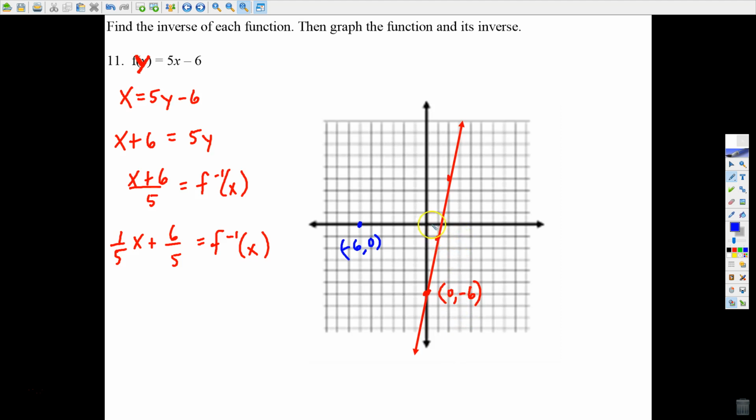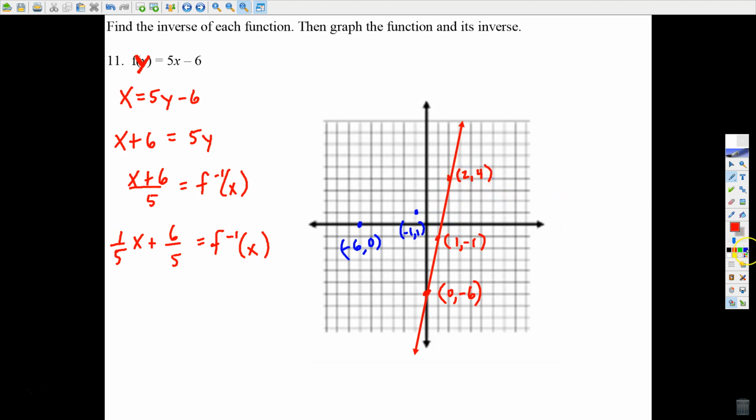Same thing here. I'll take the point 1, negative 1. I'll write that out in red so you can see it. For the inverse, I'll just switch those, and I'll do negative 1, 1. Okay, one more time. Let's take this point, which is 2, 4.